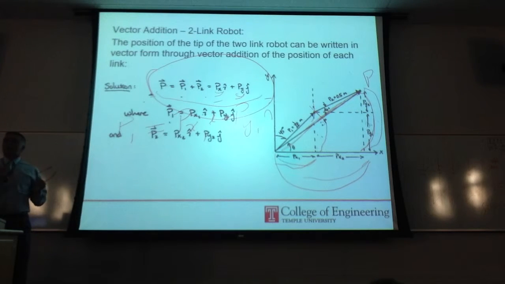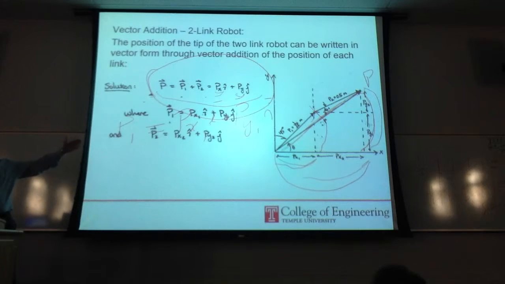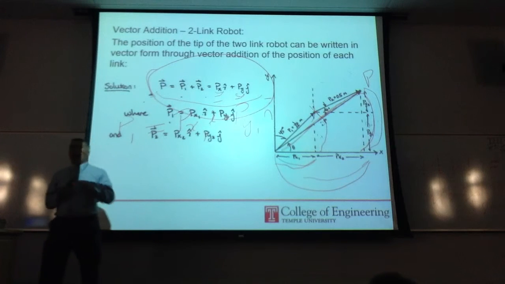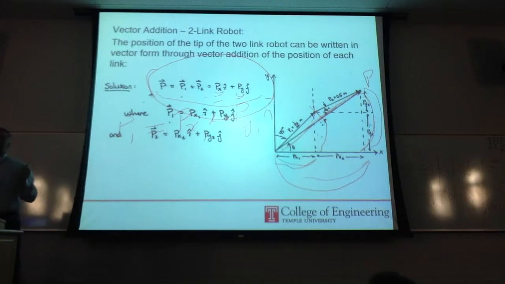In all of this, I'm referring to it as a position vector. When we say position vector, we want to know where in space or in the xy coordinate that position is. If I simply give it as an x and y, I know the location, but I do not know the direction.